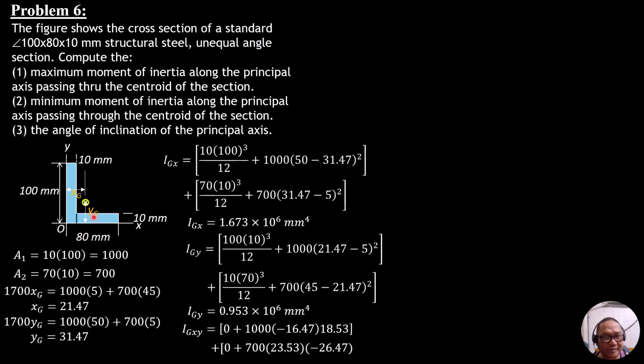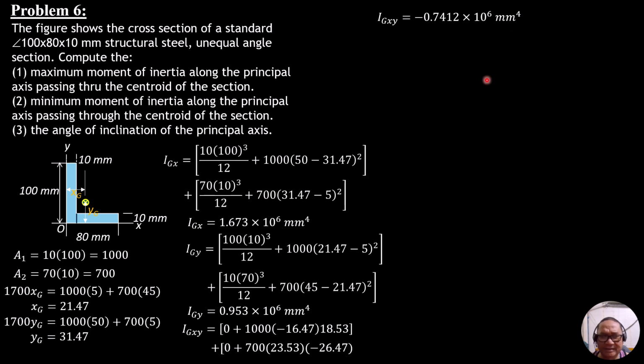The centroid of rectangle 2 is below the centroid of the entire area. So that distance is yg 31.47 minus 5, negative because it is below. So negative 26.47. Calculating, IGXY is equal to negative 0.7412 times 10 to the 6 mm to the fourth.